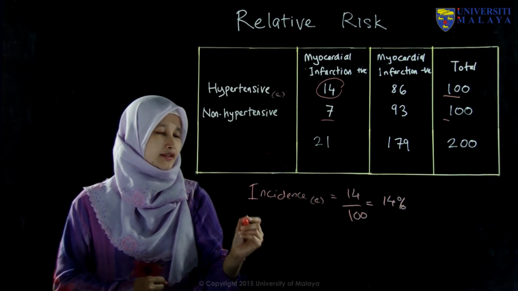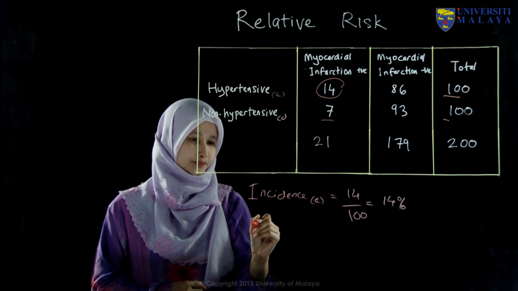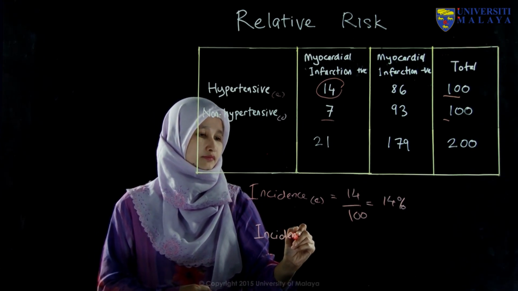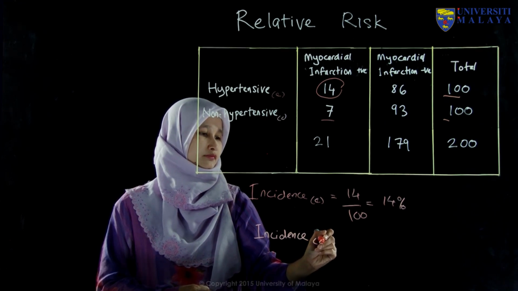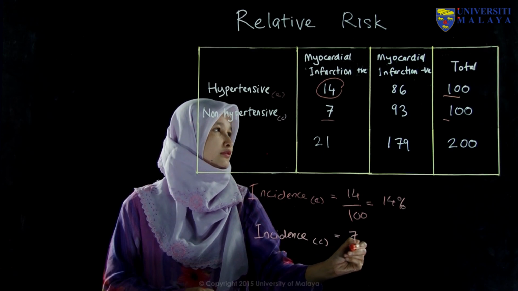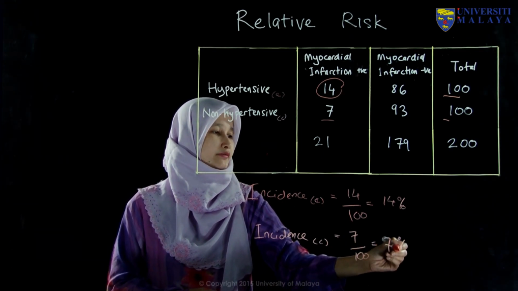And the incidence of MI in the non-hypertensive group, or the control group, is equal to 7 over 100, or 7%.